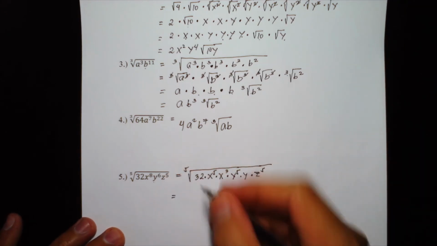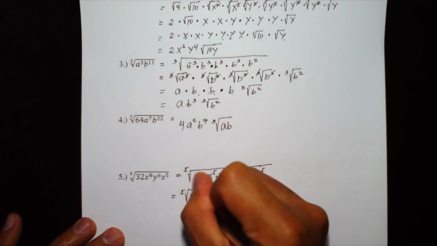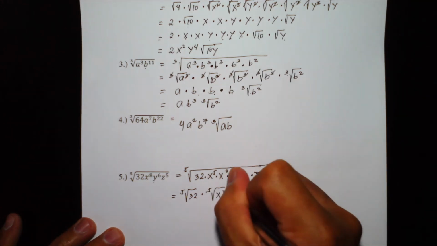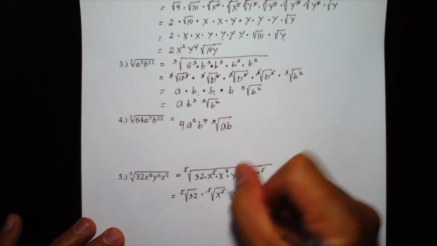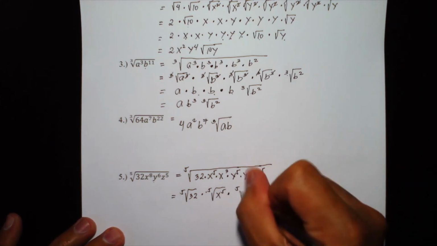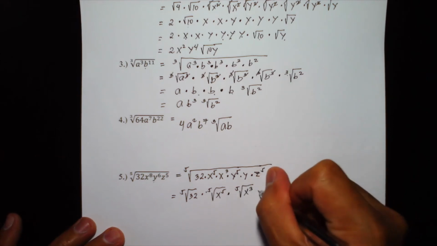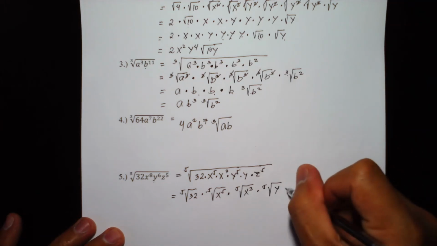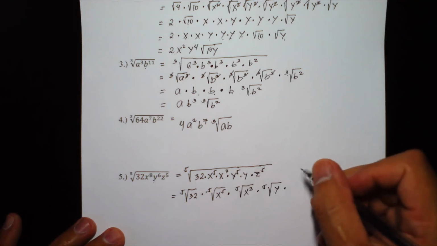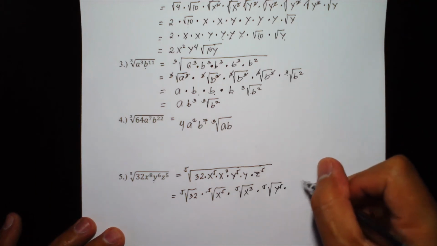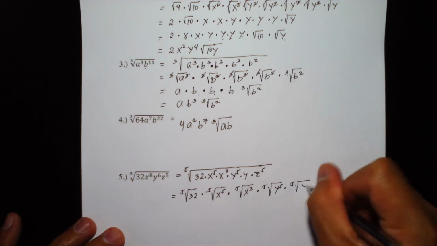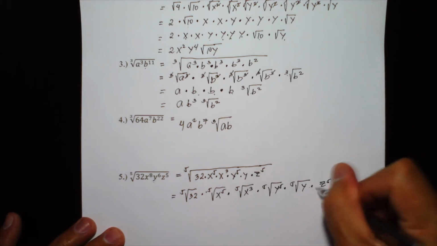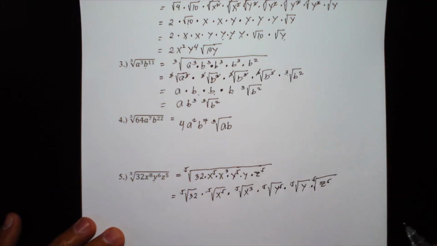So we have to separate this one. We have fifth root of 32, fifth root of x raised to 5 multiplied by fifth root of x raised to 3, then multiplied by fifth root of y raised to 5, then fifth root of y, then multiplied by fifth root of z raised to 5.